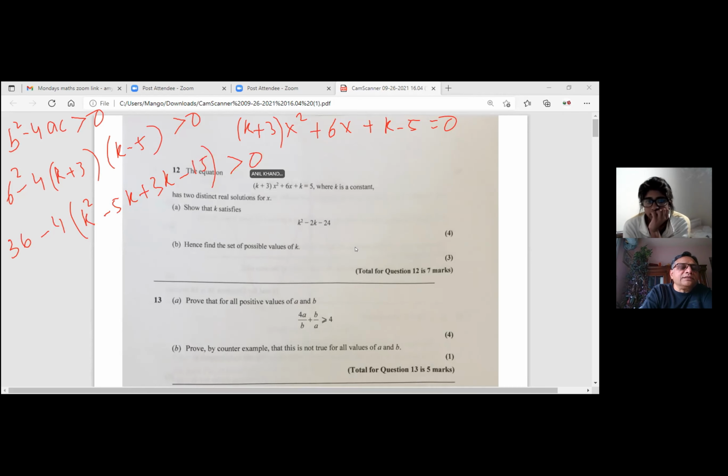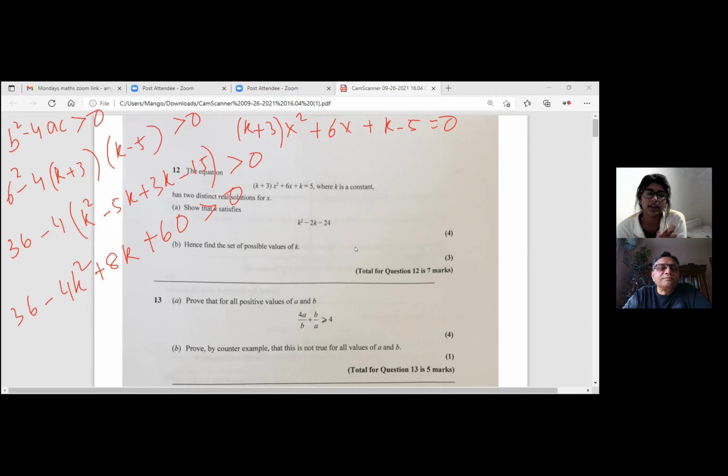So we get 36 minus 4 times k squared, and these two terms add up to minus 2k, multiplied with 4 gives us 8k, and minus 15 times 4 is 60, and we get a positive sign, minus minus. So we get that particular expression. Wait, so do we have to multiply the 8k by the 4?